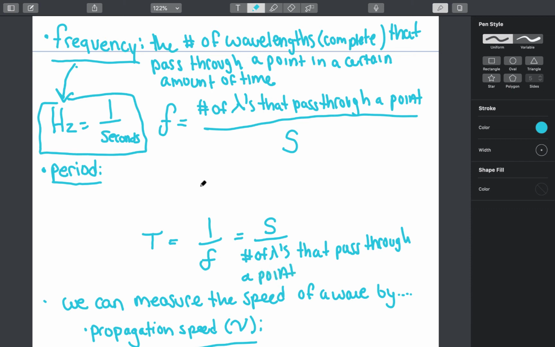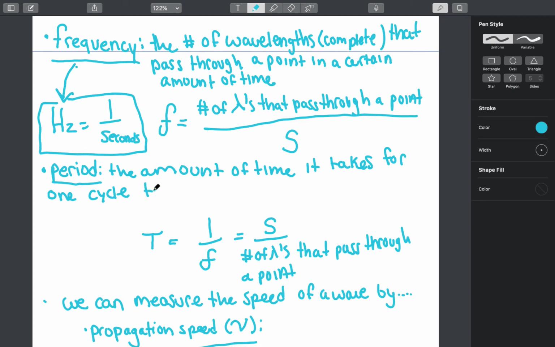So period can be defined as the amount of time it takes for one cycle to take place.